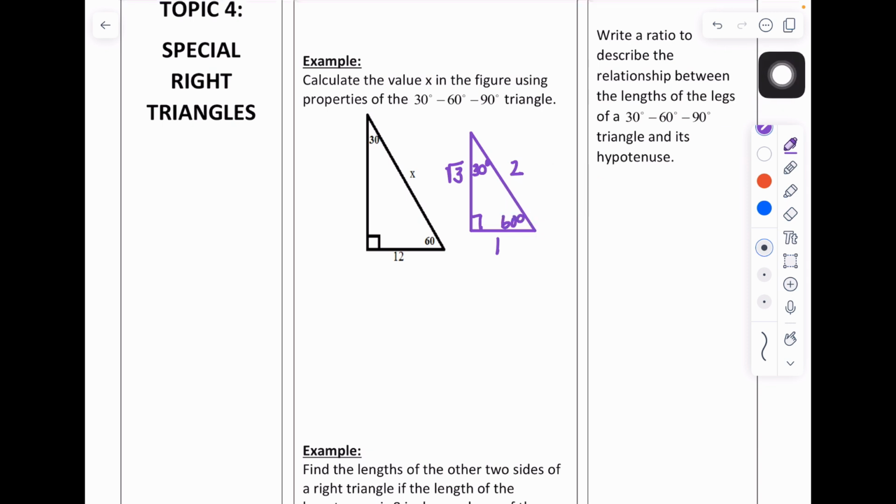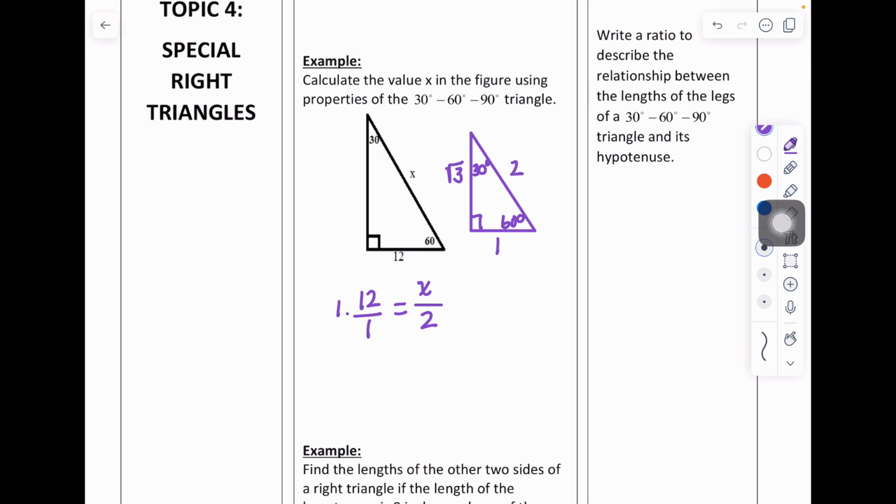Let's see, so I can say 12 over 1. All right, so this would be our short side on each one. That has to be equivalent to the ratio of the hypotenuse sides. So x and 2. Now this one looks so much better just because we don't have the square root values in there.